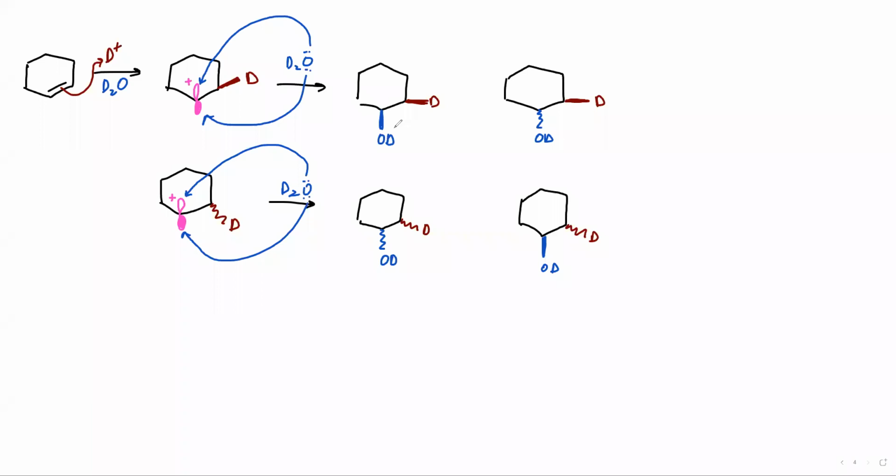So either both the D and the OD end up on the same side in these cases, or they end up on opposite sides. We actually have terms for these kinds of additions where the added components are adding on the same side or opposite side. We call these syn when they're same side, and anti when they're opposite side. So syn additions or anti additions.